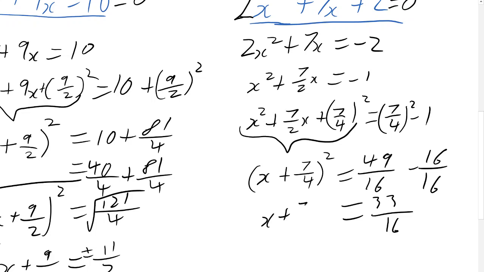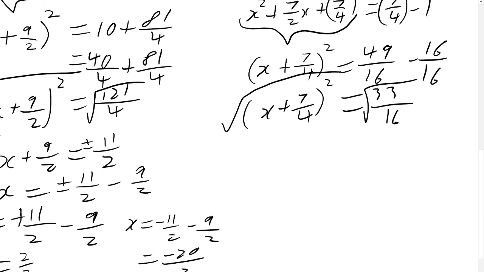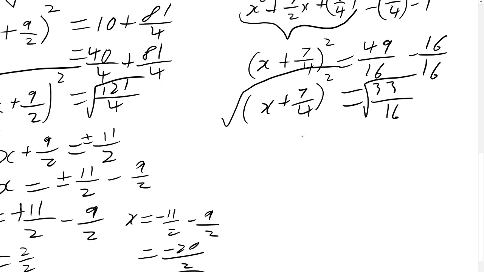Then we square root like we did in the last question, and x plus 7 over 4 equals, remember, plus or minus square root of 33 over 4.